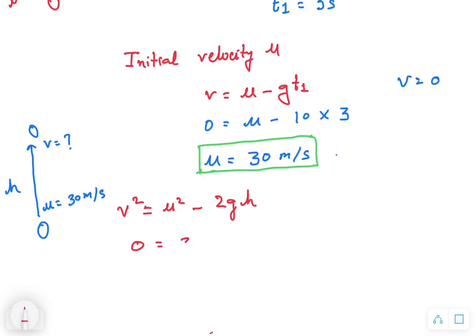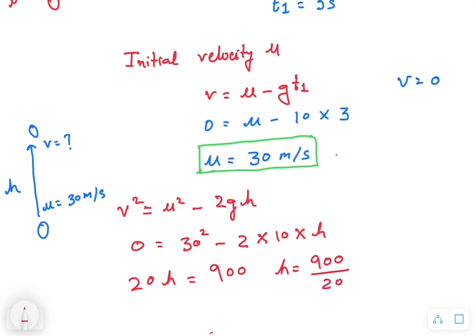0 equal to 30 square minus 2 multiplied by 10 meters per second square multiplied by h. So this would be 20h equal to 900. h will be equal to 900 divided by 20.